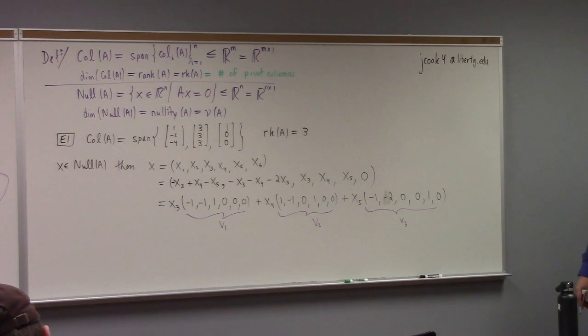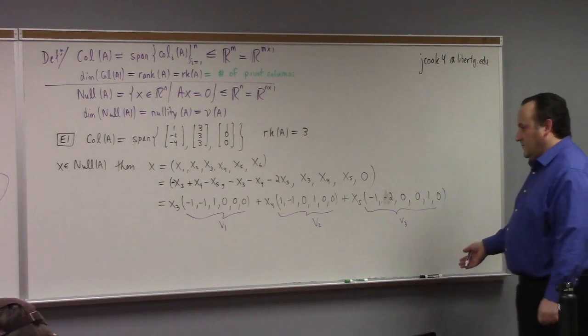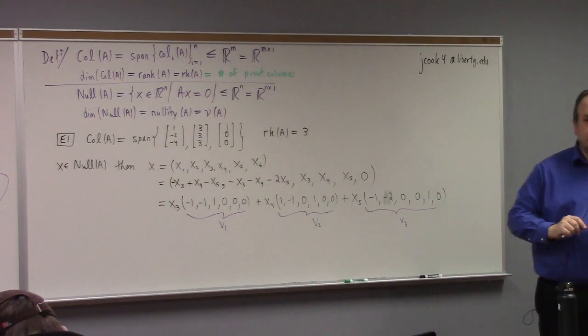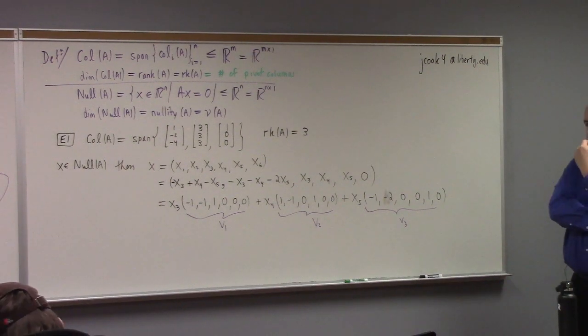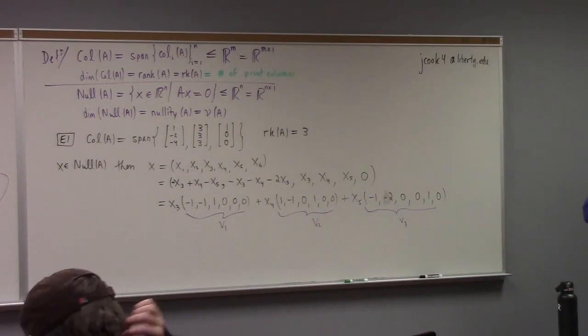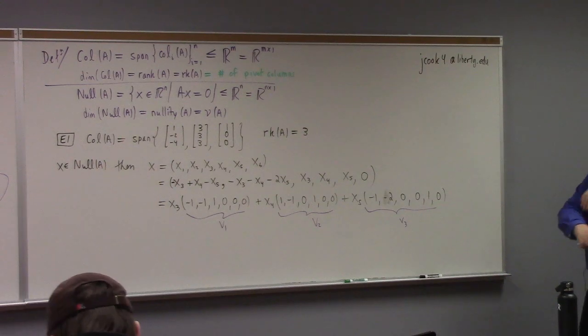Question, can I be confident that these vectors I've just produced, V1, V2, and V3, are linearly independent? What do you think? Okay, suppose one of them depends on the other. What would that mean? Keep it simple.